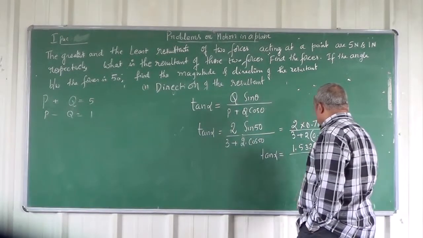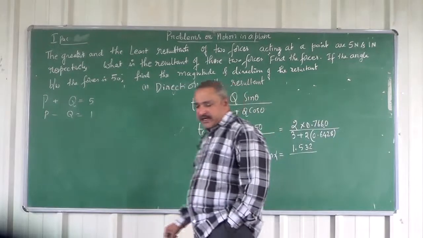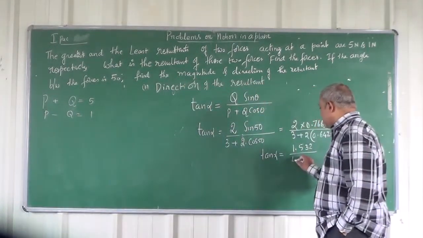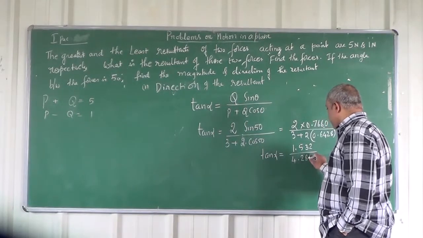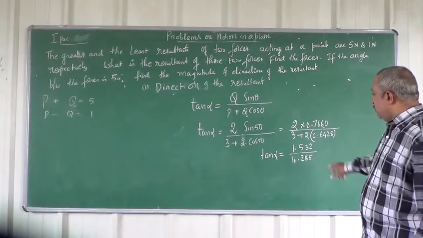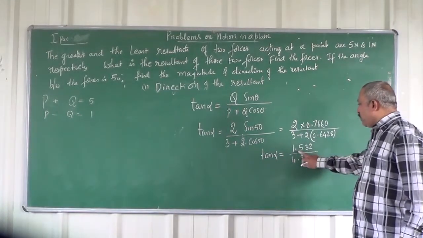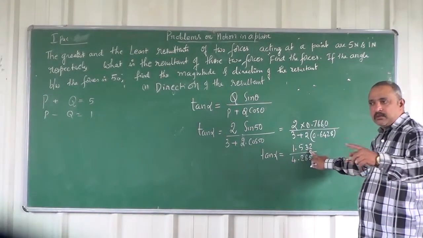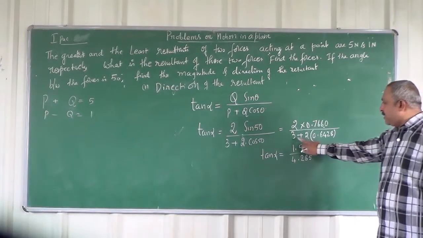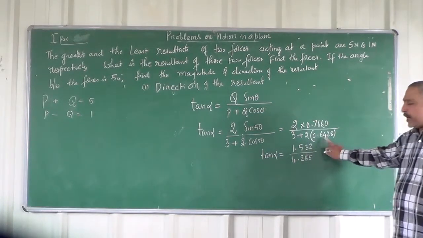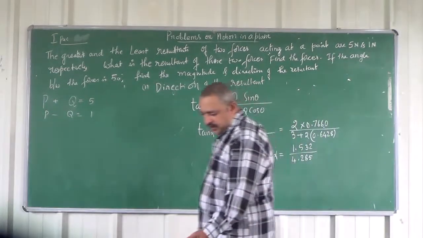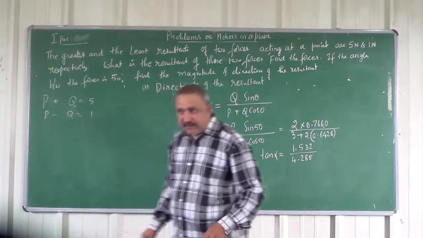And when you simplify the denominator, which is 3 plus 2 into 0.6428, it is 4.285. You need to do it. I am just taking the values directly. And when you simplify, it's 0.3575.